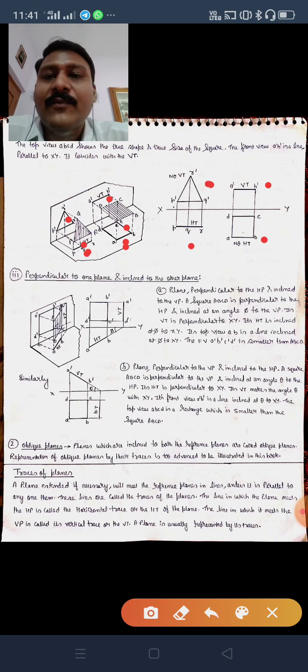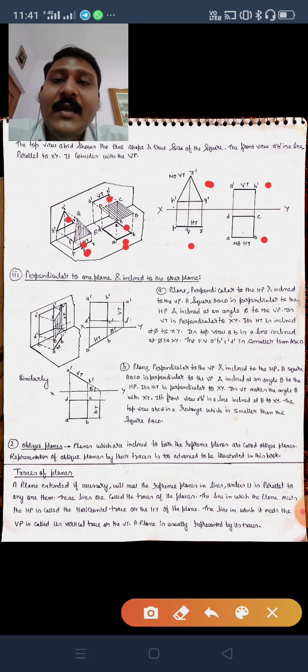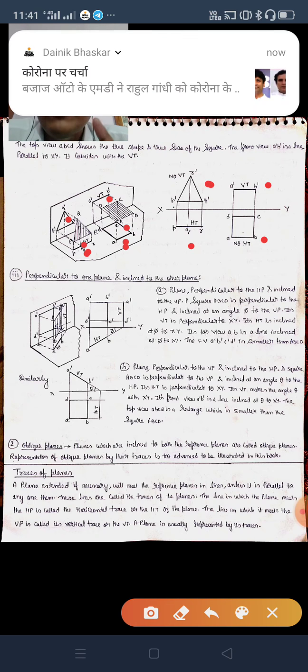Plane, surface, diagonal, these are similar things. So if it is written that the plane, surface or diagonal is inclined to HP, then definitely the object should be kept in VP. Or if the inclination of the plane, surface or diagonal is given to VP, then definitely the object must be kept in HP. Please keep it in mind, it is the Bible.